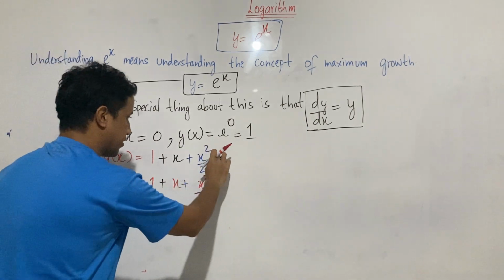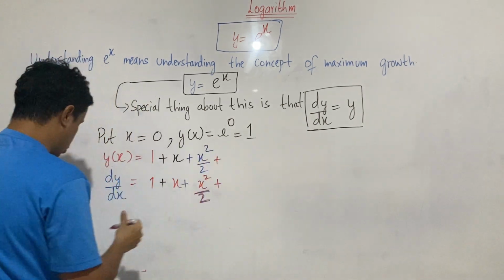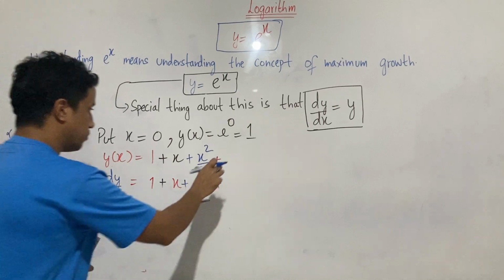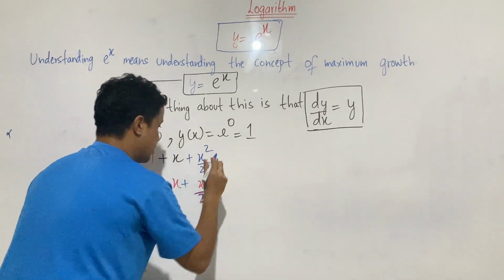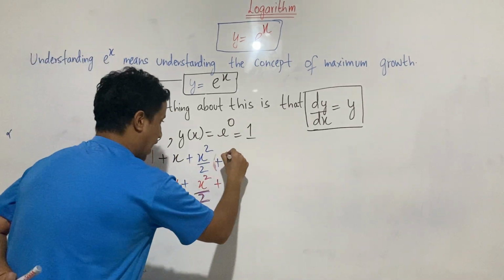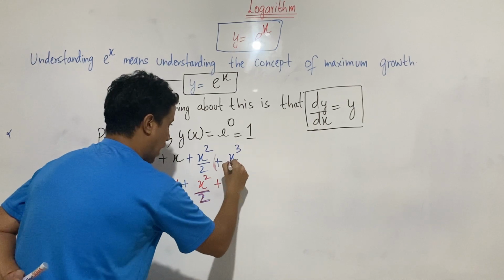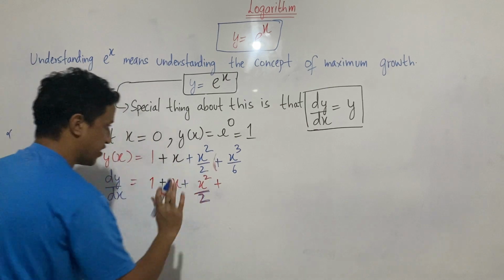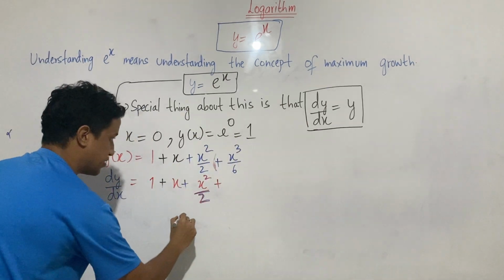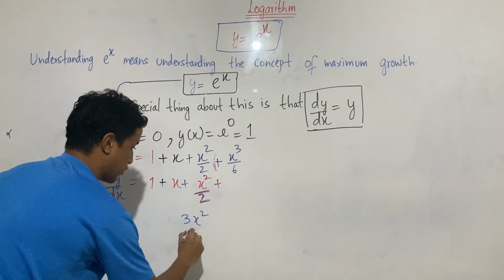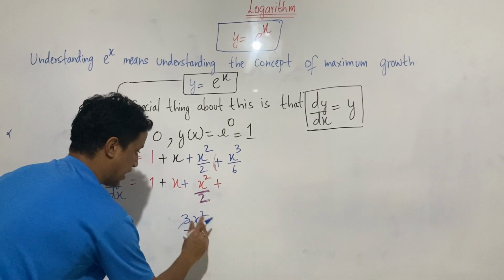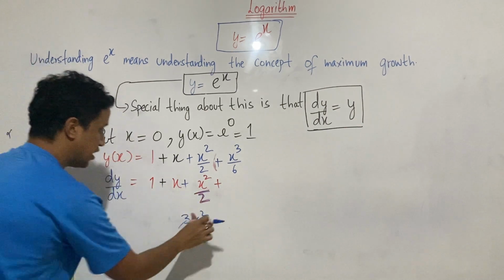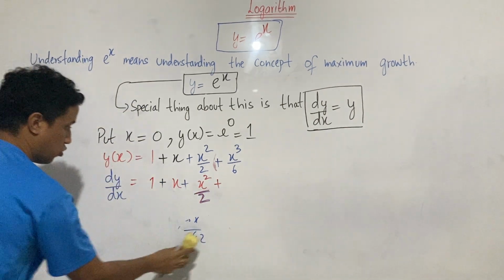Why? Because here what would come? Here would come x cube by 6. Why x cube by 6? Because if you differentiate it, it's going to be 3x square by 6, which is going to be x square by 2. See here, x square by 2. Okay, so I hope you get it.